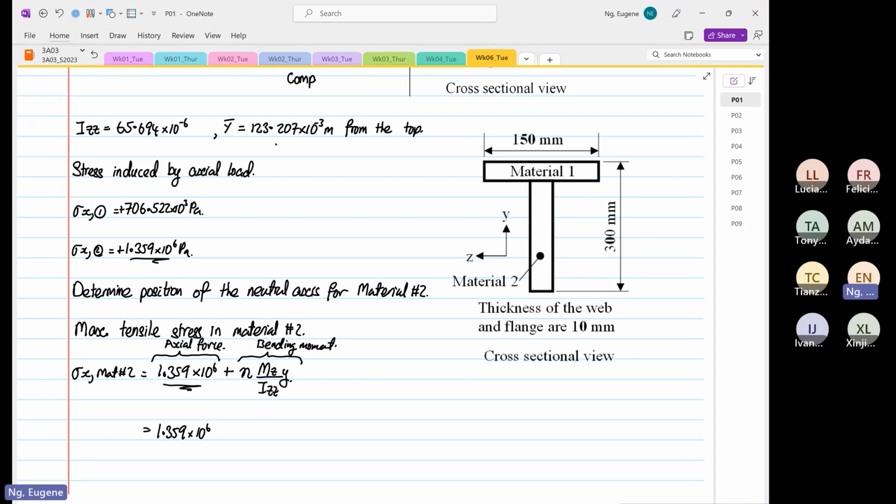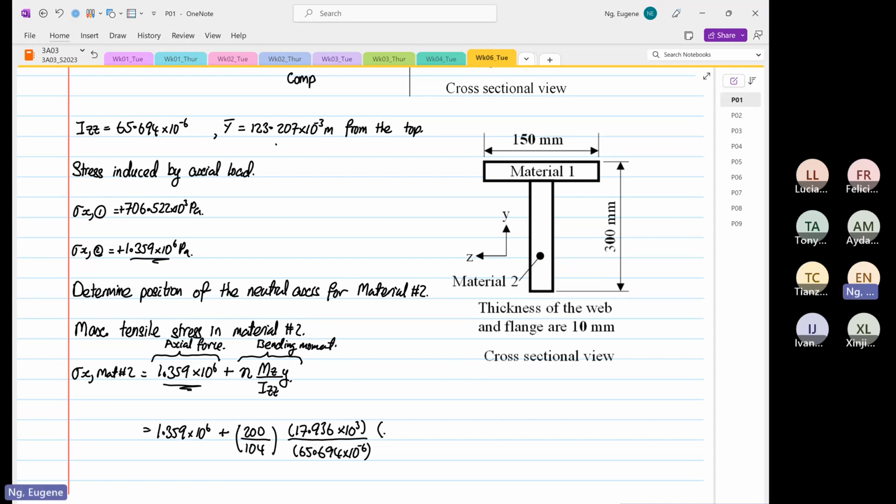Okay, so maximum tensile. So this will be plus, and then this will be equal to 200 over 104, and then we're going to multiply by 17.936, that's our moment in Z, times 10 to the power 3. And then we're going to divide by our IZZ, which is 65.694 times 10 to the power minus 6.